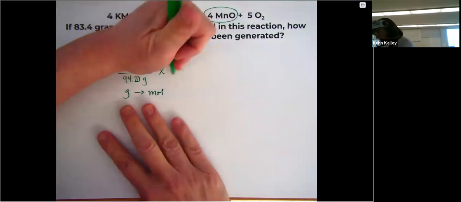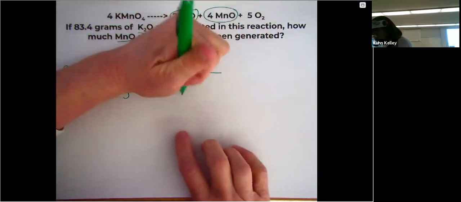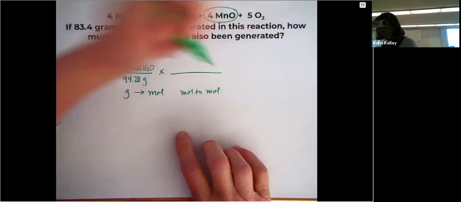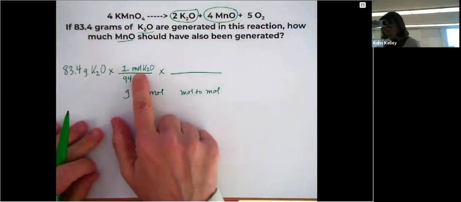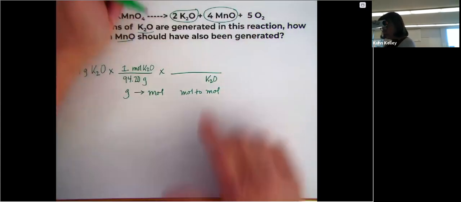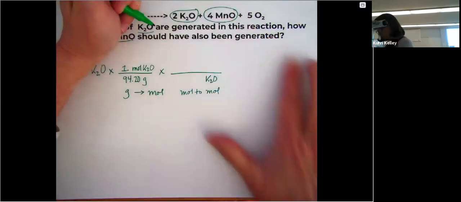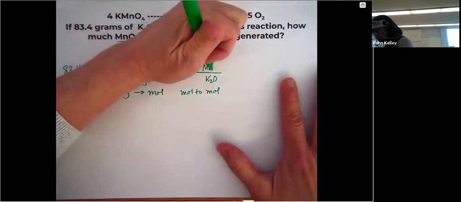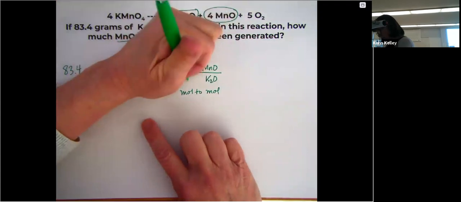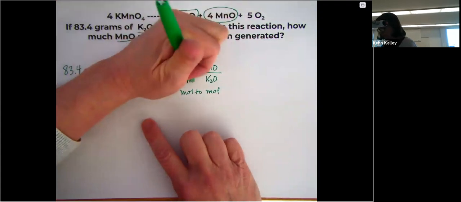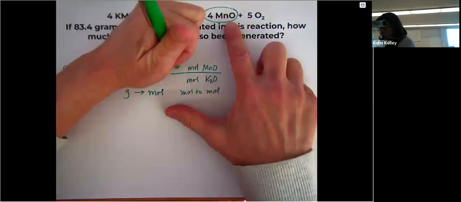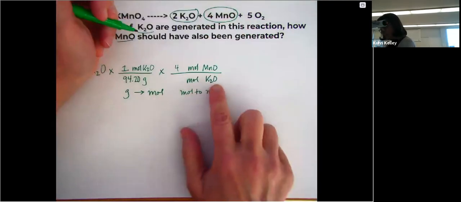My next step is called the mole to mole ratio step. And this is kind of like my recipe step. The moles of the substance I'm starting with go on bottom. The one I'm solving for, the other one I circled, will go on top. And now I'm just going to use their coefficients. What coefficient was with manganese oxide? A 4. What coefficient was with potassium oxide?